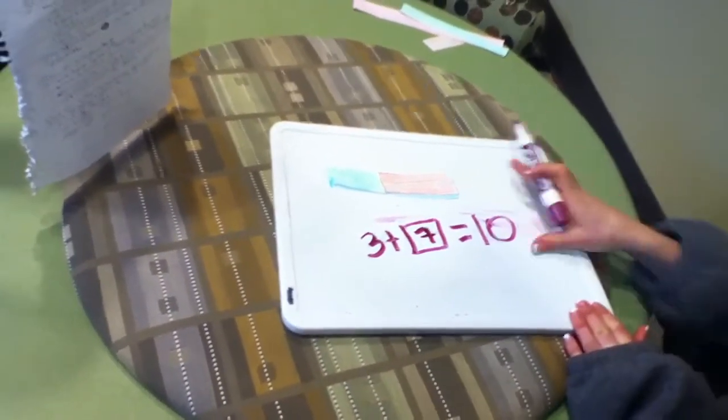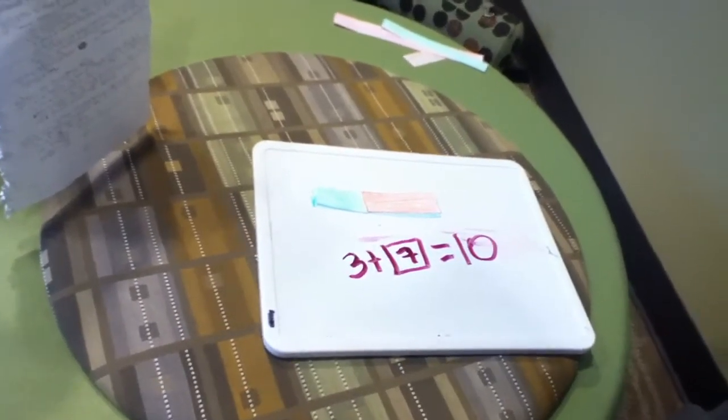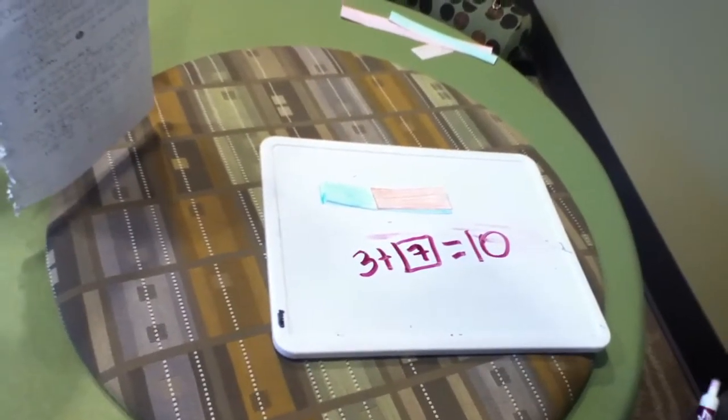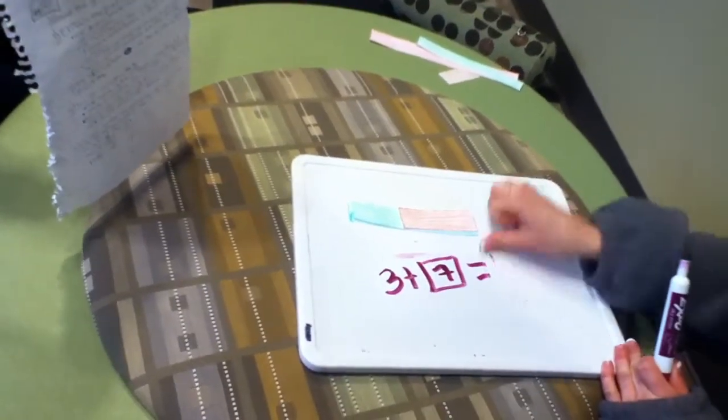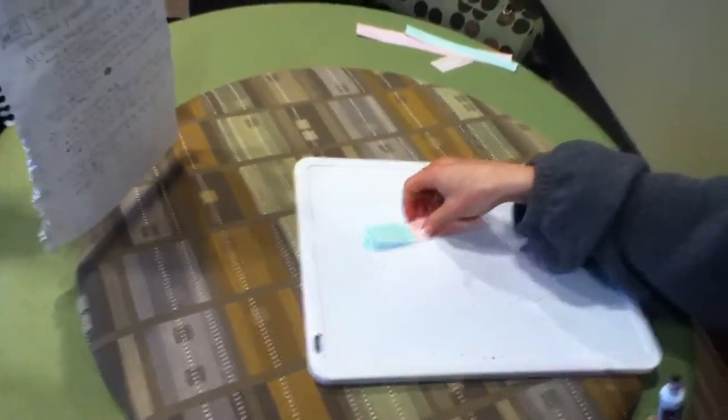We found out that 7 children in the classroom are girls. Okay? That is how you use a part-whole diagram and method.